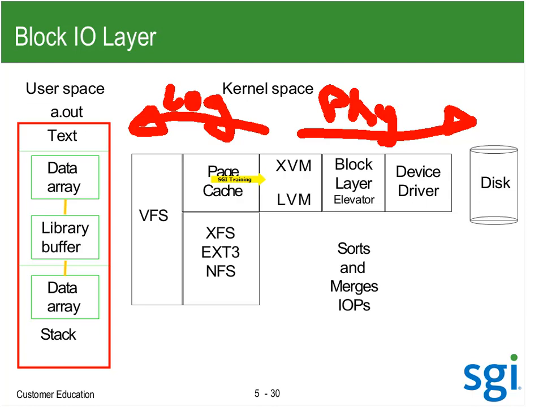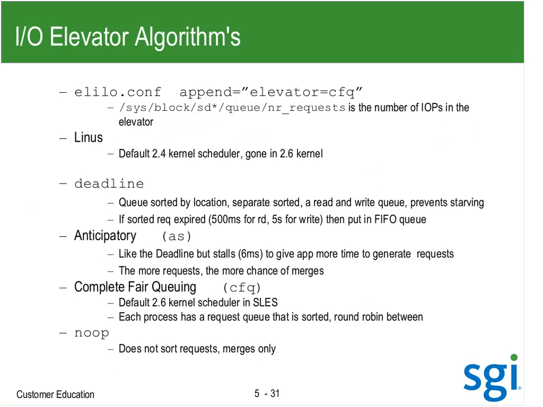Now, coming out of the volume manager, we then go into the SCSI block layer, which is where the elevator is. And this elevator, by default, is going to sort and merge. From there to the device driver, and then from there off to the fabric or whatever. So this elevator, the default has been CFQ.